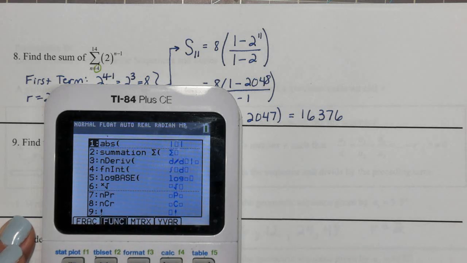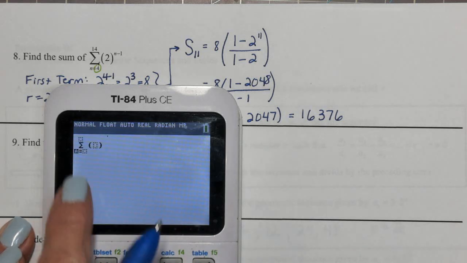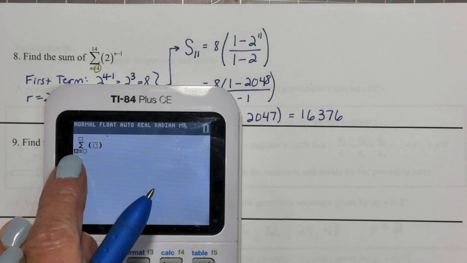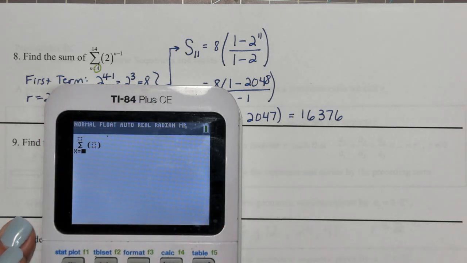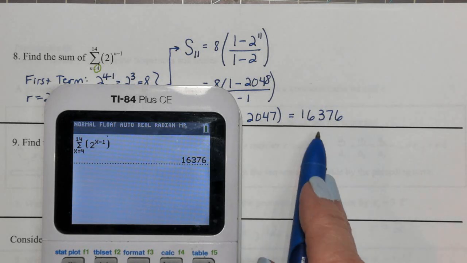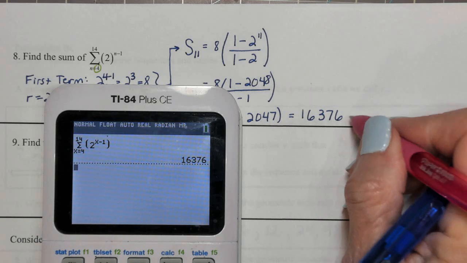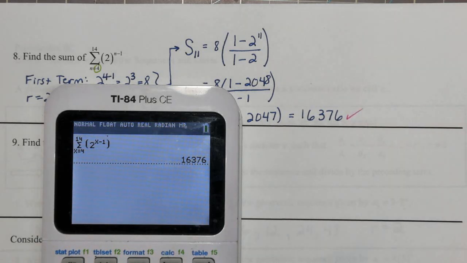So I'm just going to hit the number 2. My variable, instead of calling it an n, as in my problem, I'm going to call it an x just because it's easier to reach. And then 4 to 14 of 2 to the n minus 1. And we get this. So we checked out. I know I'm right.